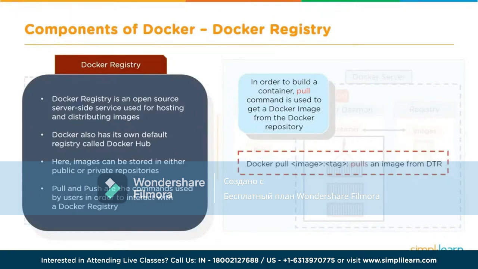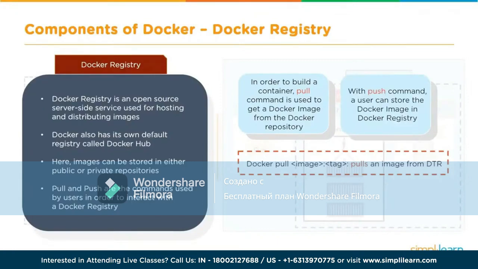In the terminal window, once you've connected to your Docker environment, you would write docker pull, and then put in the image name and any tags associated with that image. What that will then do is pull the image from the Docker repository, whether that's a public repository or a private one.